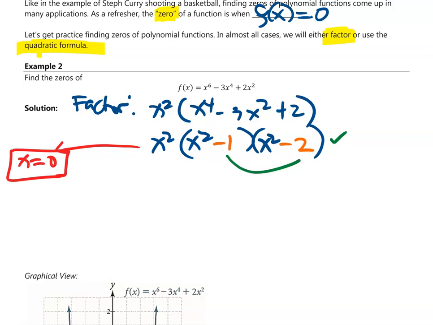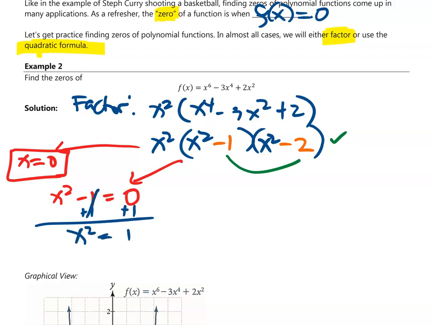Next, x squared minus 1, set it to 0, and then solve for x. So add 1. So x squared is equal to 1, and then square root both sides, so that x is equal to plus or minus 1.